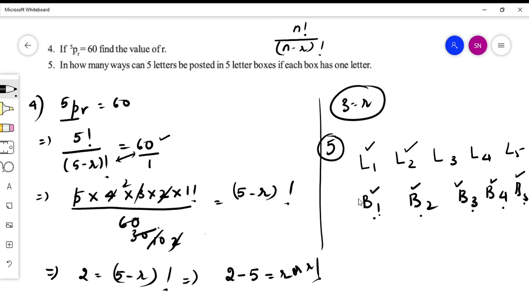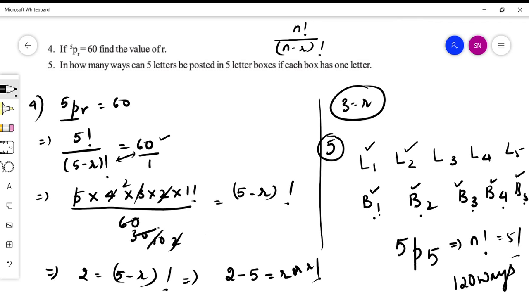Likewise, the same thing is applicable to L3, L4 and L5. So totally, how many letters are there? 5 letters that have to be placed in 5 letter boxes. So therefore 5P5, correct? nPn, what is the formula? n factorial. So this n factorial here is nothing but 5 factorial. So therefore you get 120 ways.